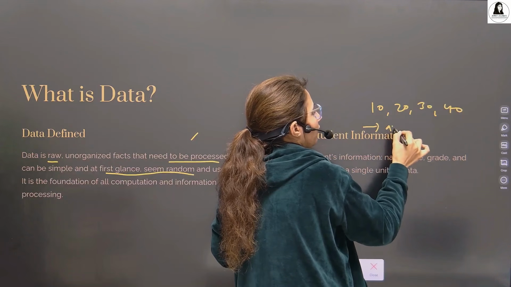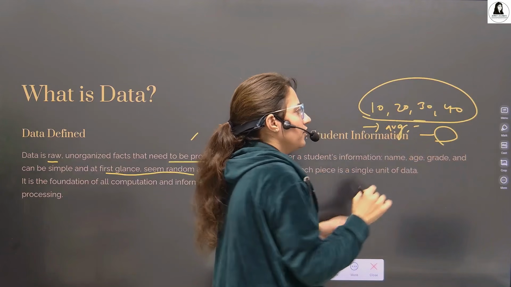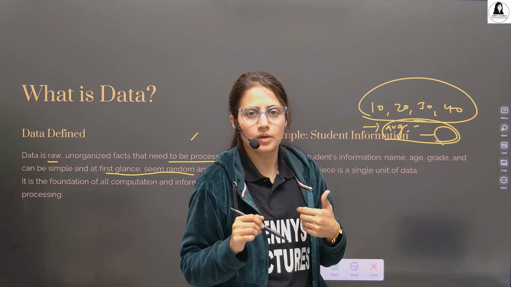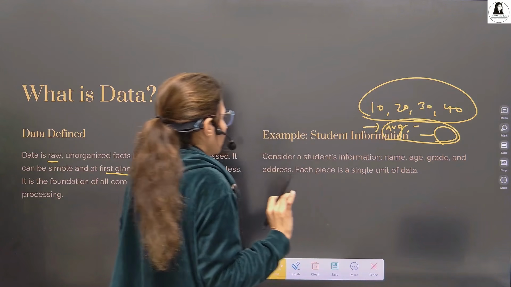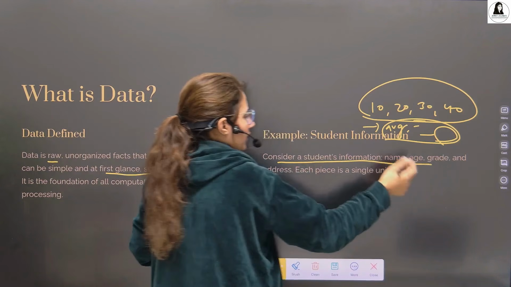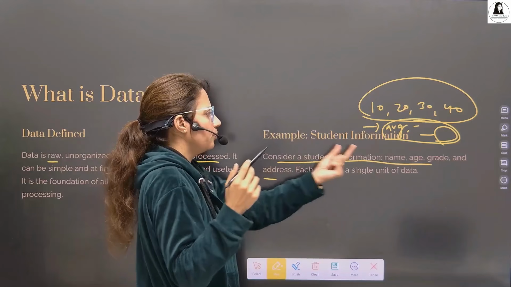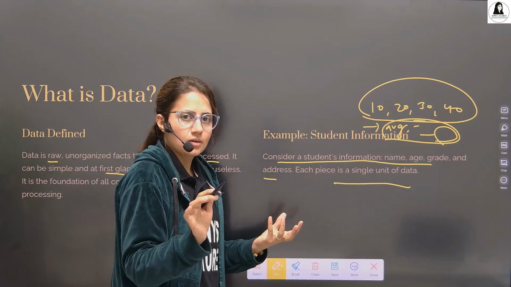And if I do some processing on this data to calculate the average, that is information for me. Like a student's information: name, age, grade, address. Each piece, like name, age, grade, is a single unit of data, right?